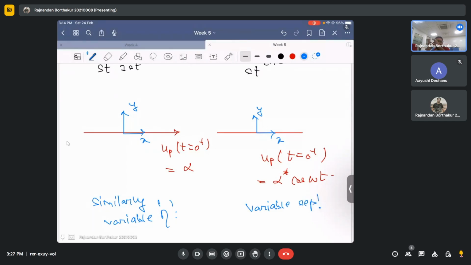The idea is that you approximate a form of the solution, that the fluid velocity will be some function of r times some function of time. Now my question is, why are the approaches in these two problems different? That is the question. Because the problem looks similar, right? The only difference is that in one case the velocity is known, in the other case the velocity is known, but it now oscillates.